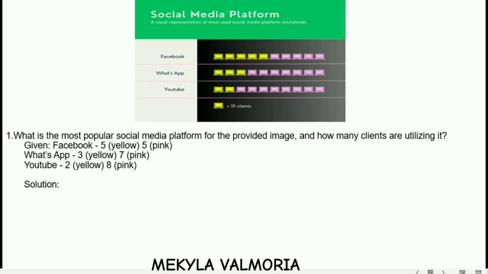So the solution: Facebook equals 10 times 50, because we have 5 yellow and then 5 times 10 equals 50. So 10 times 50 equals 500. WhatsApp 10 times 30 equals 300. YouTube is equal to 10 times 20 equals 200. So the most popular social media platform is Facebook with a total of 500 clients.